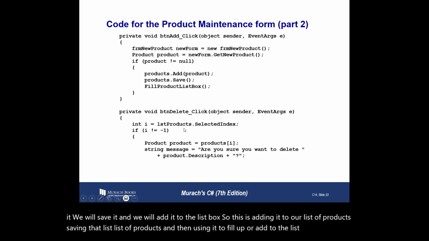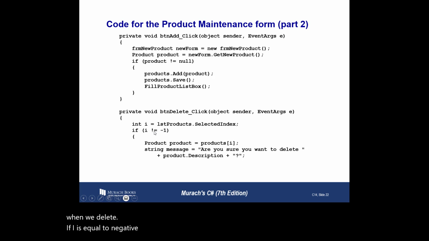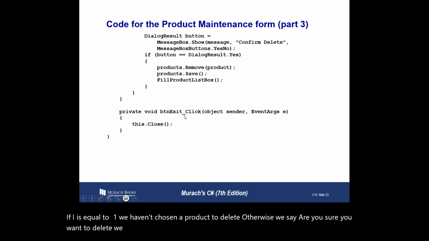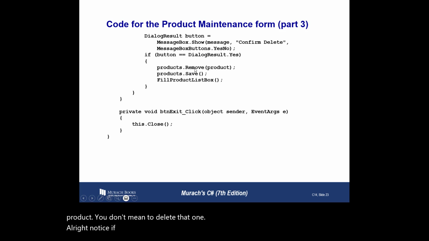When we delete, if I is equal to -1, we haven't chosen a product to delete. Otherwise, we say, are you sure you want to delete? We give them the description. Sometimes you accidentally choose the wrong product. You don't mean to delete that one. All right. Notice if it's yes, we will do the remove, the save, and we'll repopulate the list box. But if it's no, we're not going to do anything. And there's our exit.